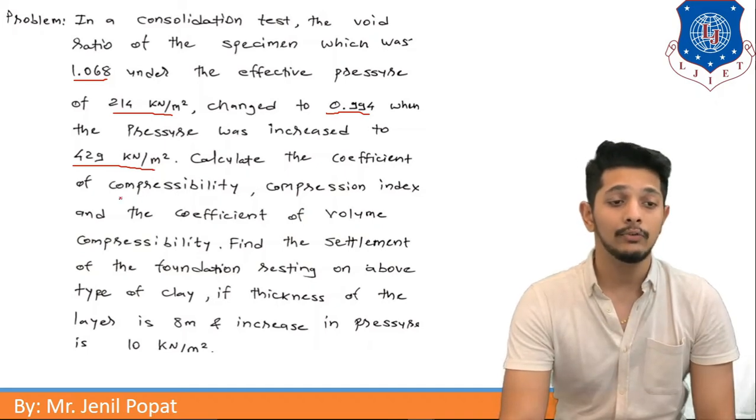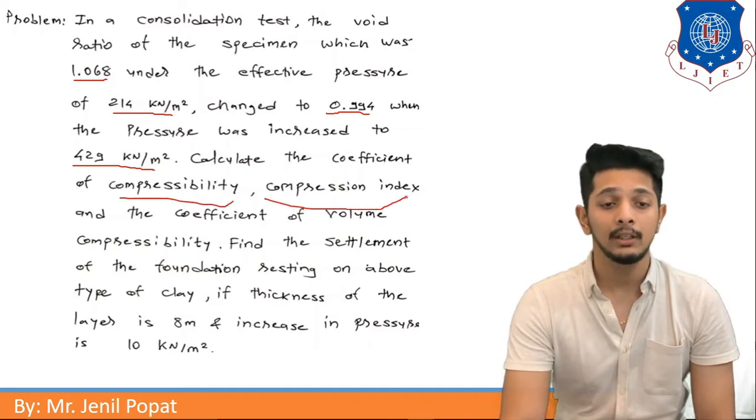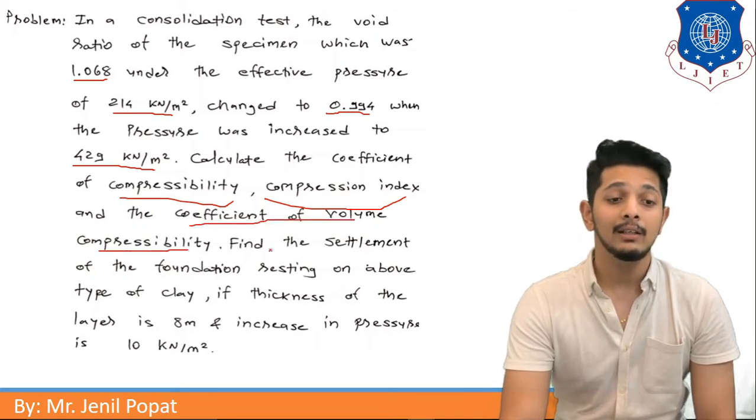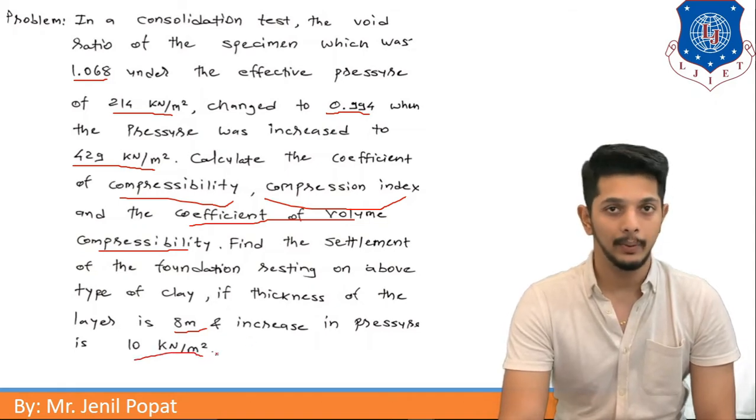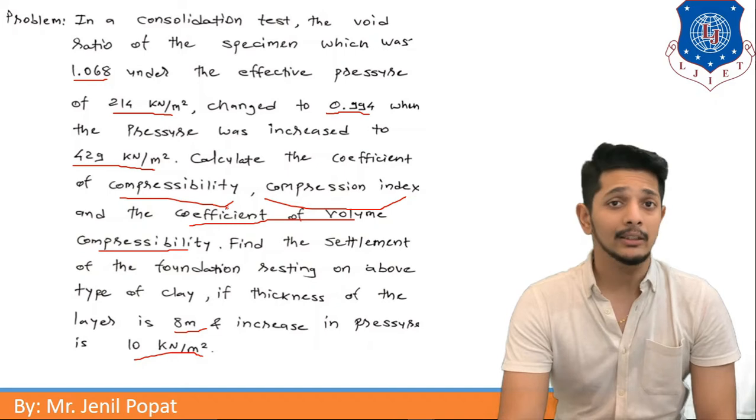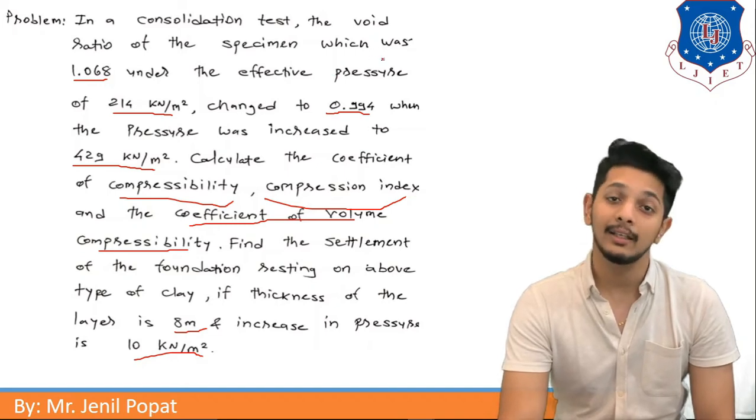Calculate the coefficient of compressibility, compression index and the coefficient of volume compressibility. Find the settlement of the foundation resting on this type of clay, if thickness of the layer is 8 meter and increase in pressure is 10 kilonewton per meter square. Let us not complicate the problem and write given data.